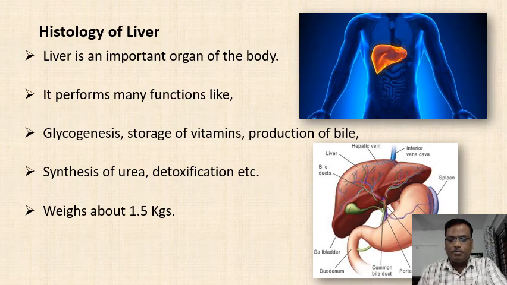It plays a role by producing bile, and it is associated with the excretion process and respiration process, like this. So therefore liver is considered as one of the most important organs of our body.